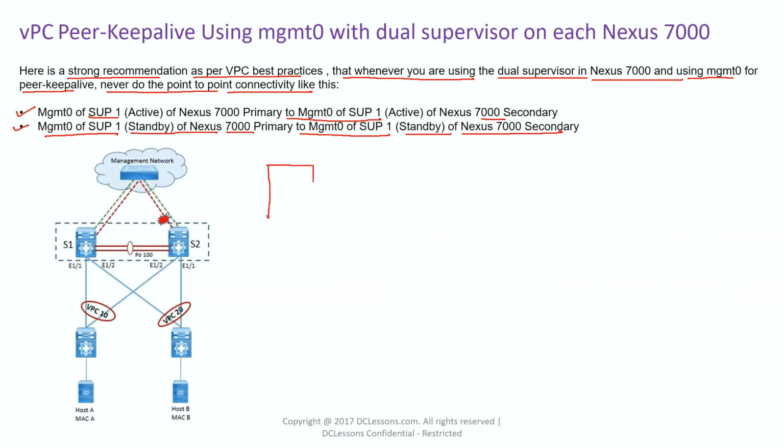So this is your Nexus box. This is my primary switch. This is my active supervisor. This is my secondary supervisor, standby supervisor. This is my secondary switch under which I have my active supervisor. I have my standby supervisor. So I should not connect it like this.